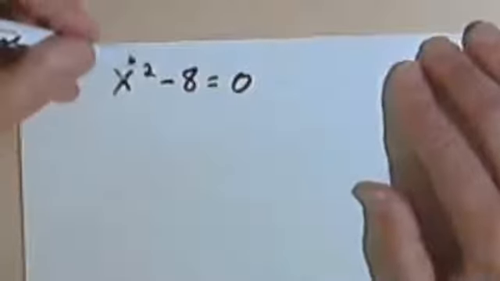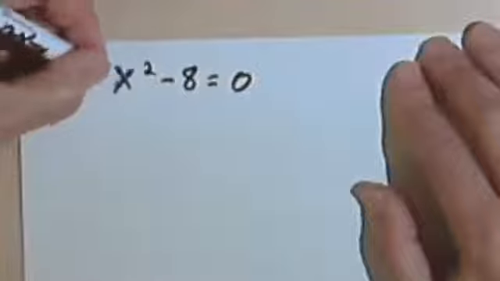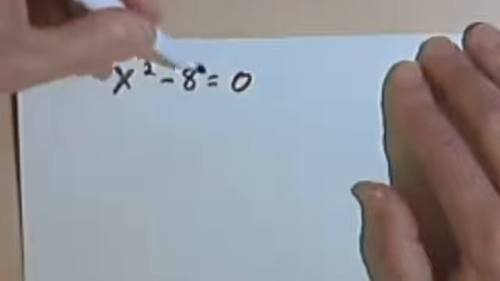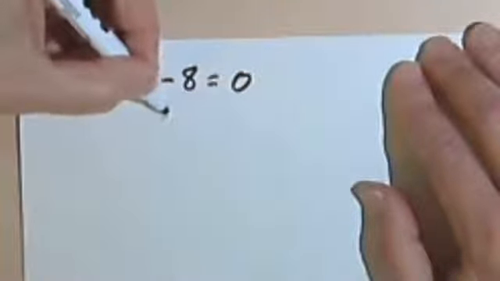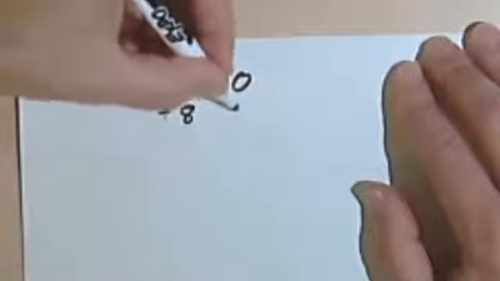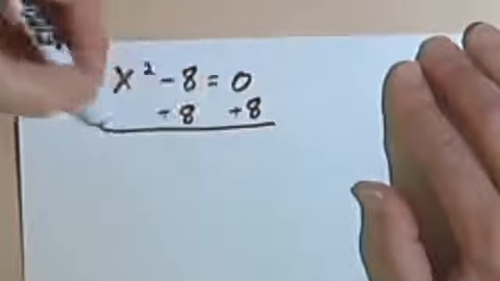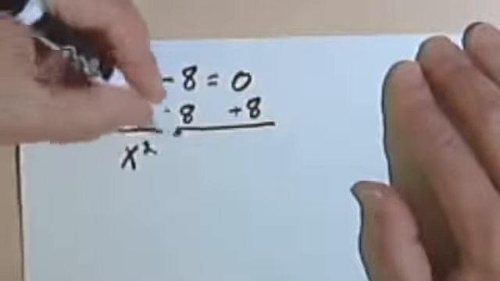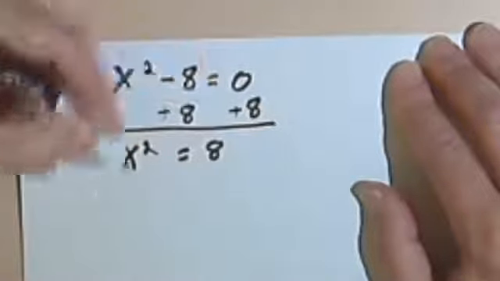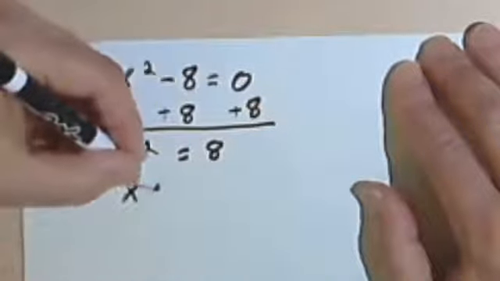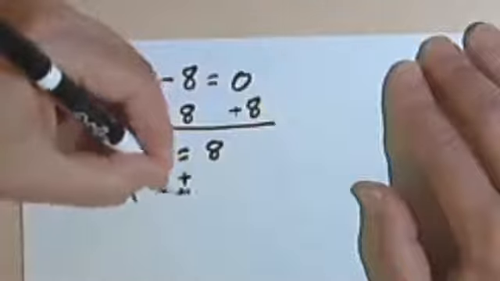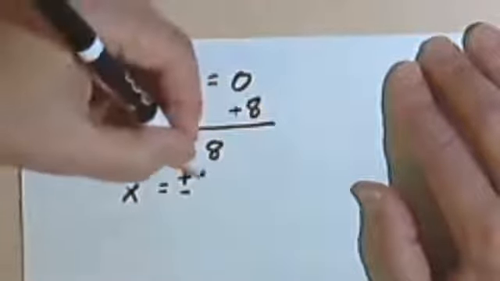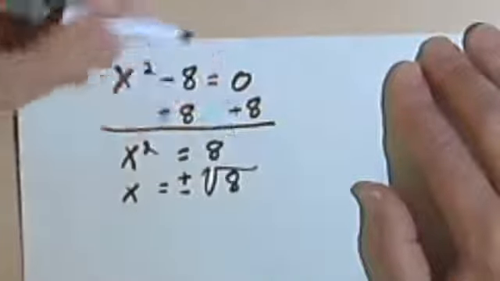In this one, I've got x squared minus 8 equals 0. So isolating the x squared by adding 8 to both sides, we get x squared equals 8. So x is going to equal the positive and negative square roots of 8.